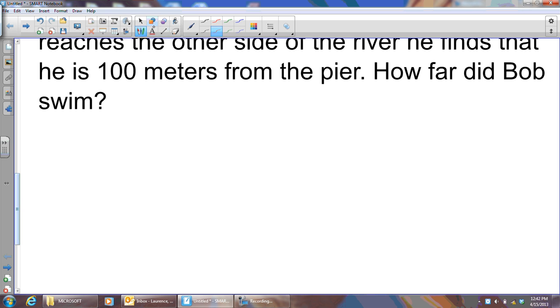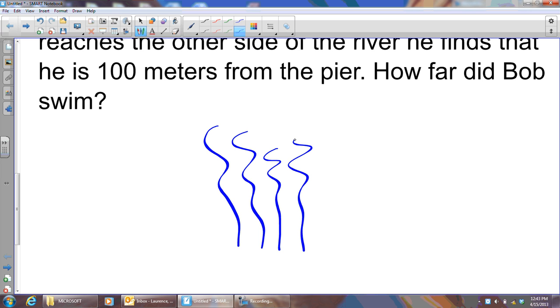Okay, well, let's see here. First thing I'm going to do is draw a picture. Let's see, I need my river. Where's my blue? Okay, here's my river. Okay, and now I need Bob. And Bob's here. He's looking rather buff in his swimsuit. And here's the pier that he's swimming to, right?